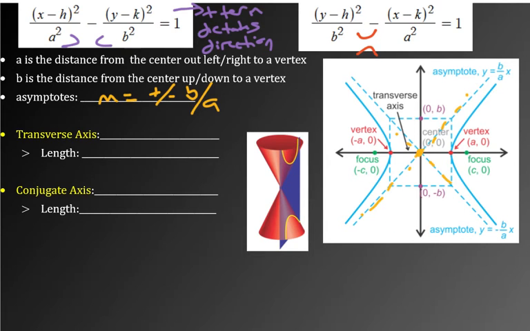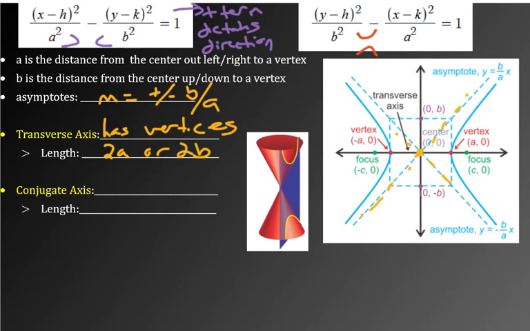And then this is just the important definition stuff. The transverse axis is always the one that has the vertices, and its length is either 2a or 2b. So here, this is an example of one where the transverse axis is 2a. This is a and this is a, so it's 2a.